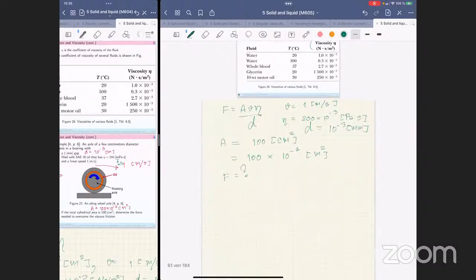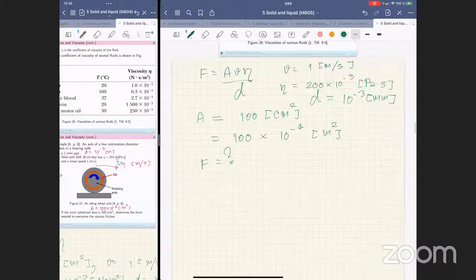All right, so we will substitute everything into that formula. F is equal to A, which is this one, 10 to the negative 2, right?